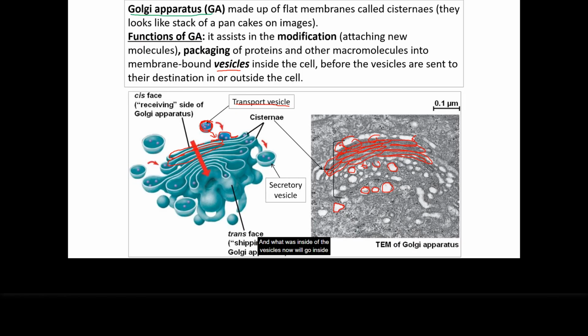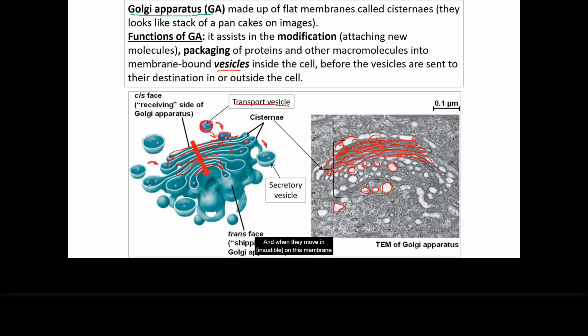And what was inside the vesicles will now go inside these long tubes, the cisternae of the Golgi. These purple molecules now move through the cisterna.